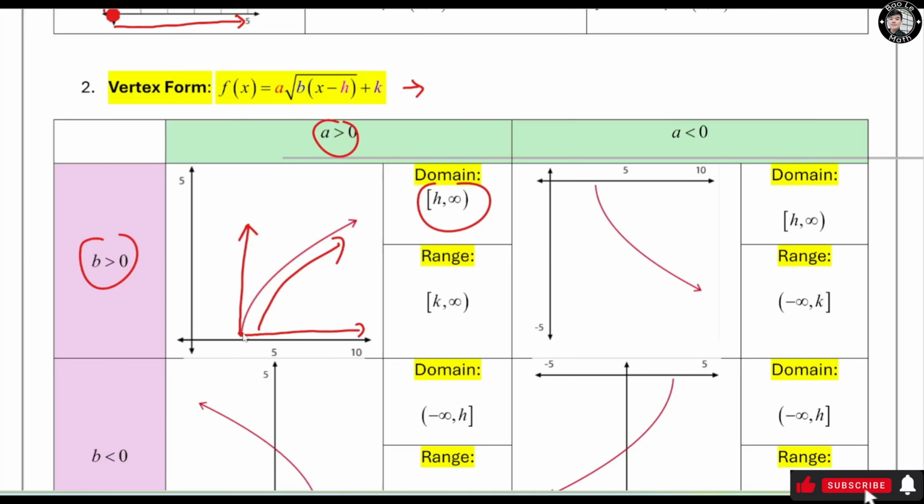This one is the vertex (h, k). Now, if a is less than 0 and b is greater than 0, it's going to go this way. Domain from h all the way to the right, and the range from negative infinity to k, right?